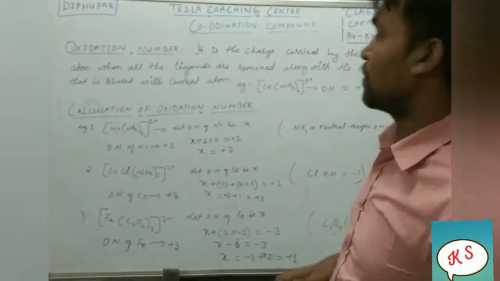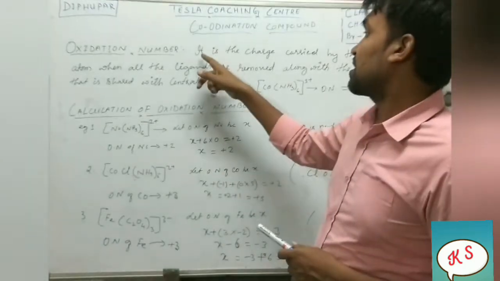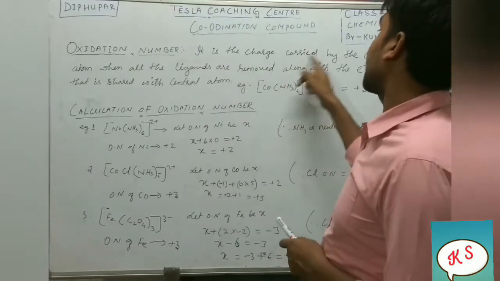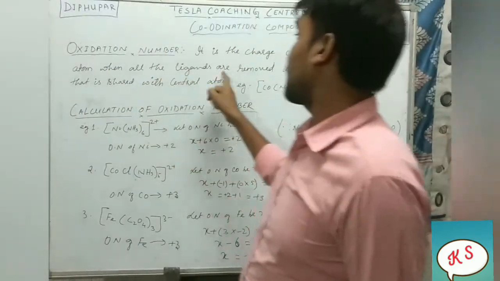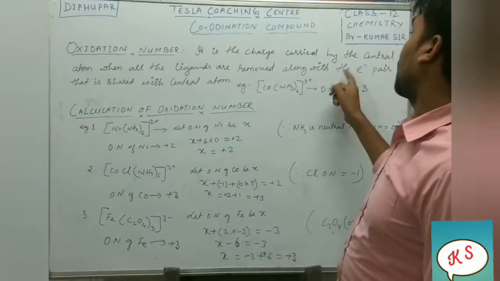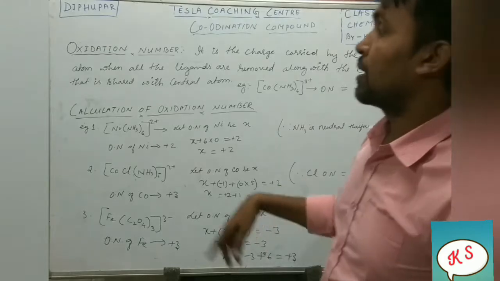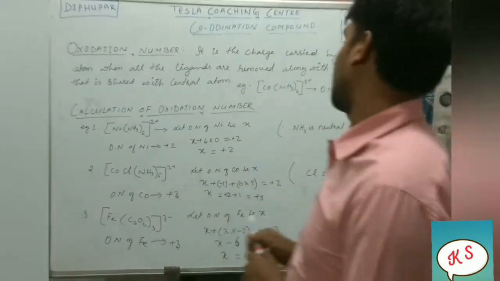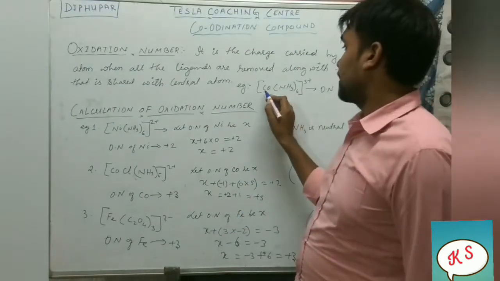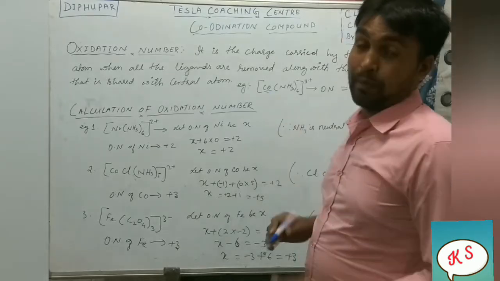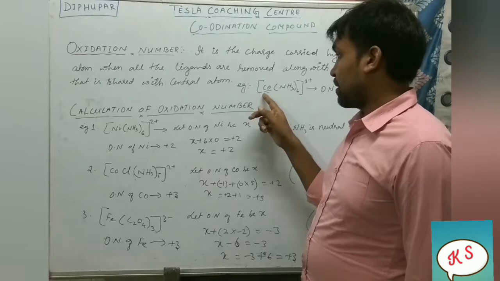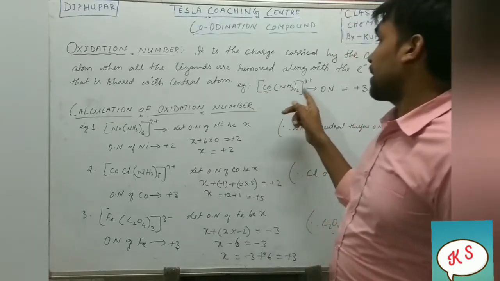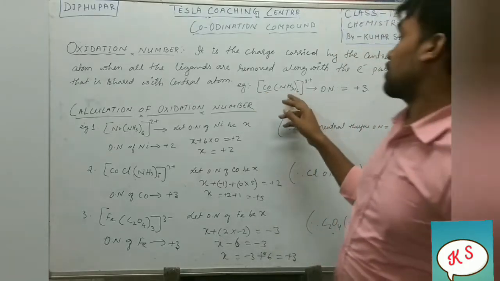Let us first know. Oxidation number is the charge carried by the central atom when all the ligands are removed along with the electron pair that is shared with the central atom. For example, here Co, cobalt, is the central atom. The ligand here is NH3, and how many NH3 are there? 6.